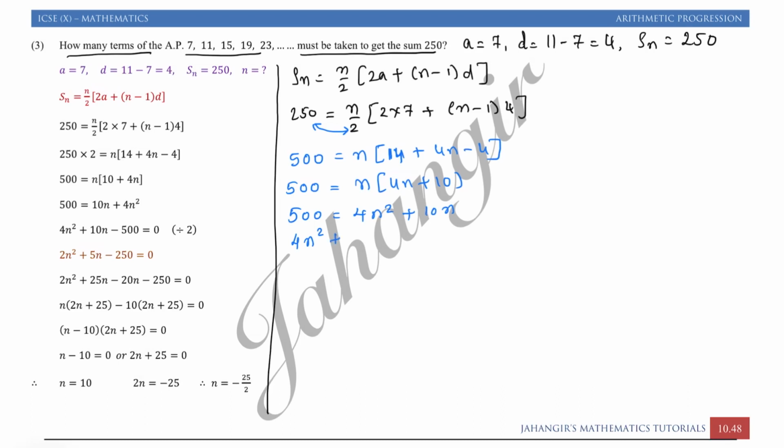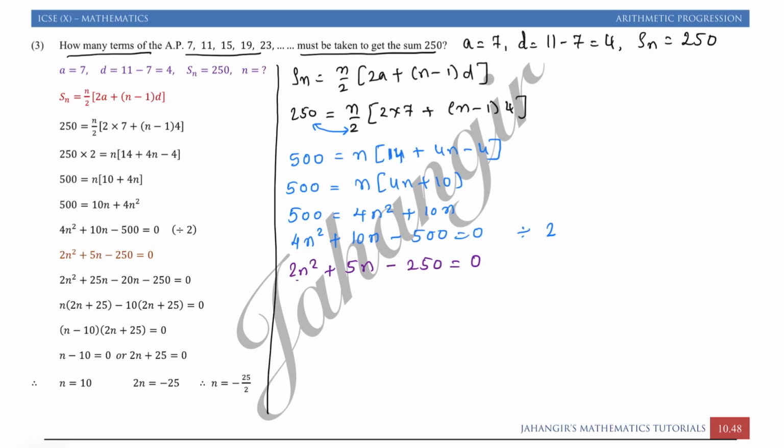So 4n square plus 10n minus 500 is equal to 0. We will divide the whole equation by 2, so that my simplest equation will be 2n square plus 5n minus 250 is equal to 0. So now we will factorize.